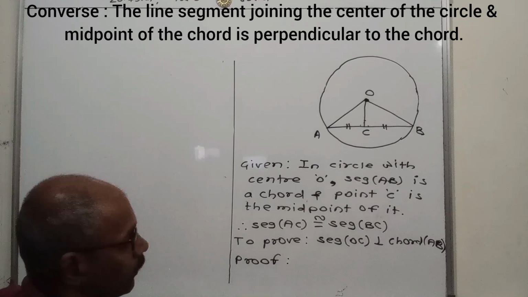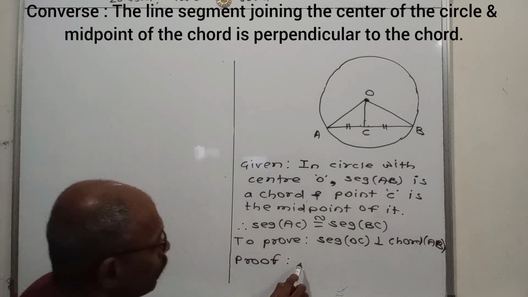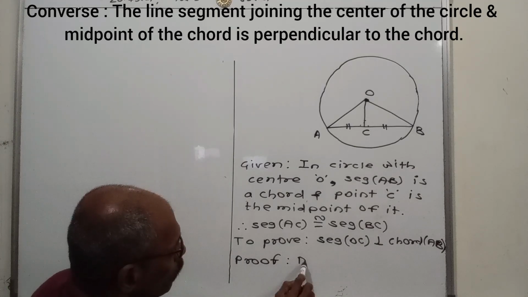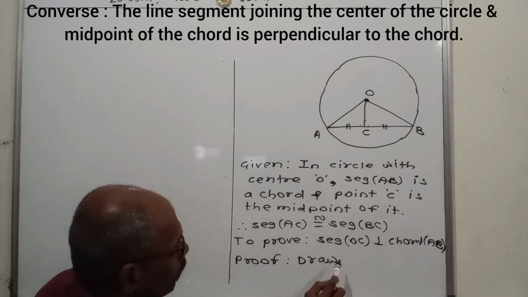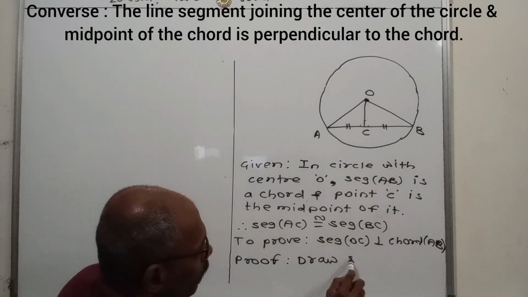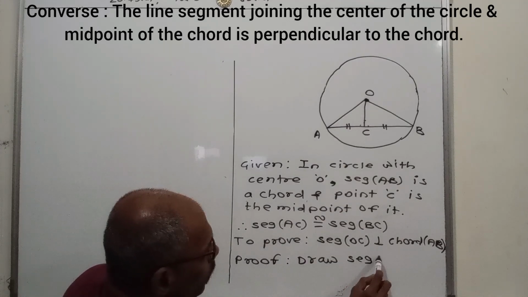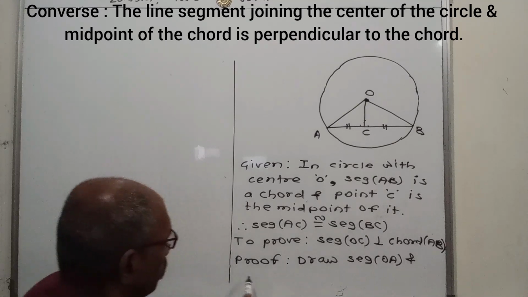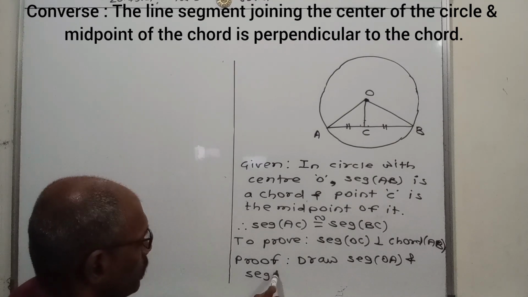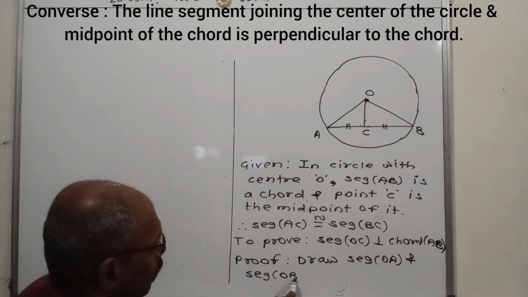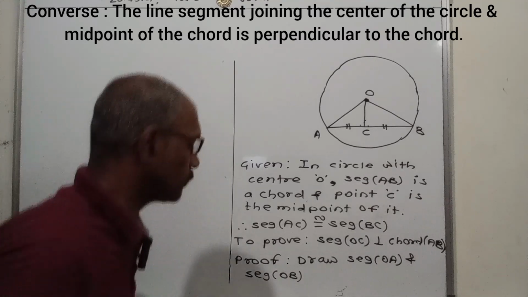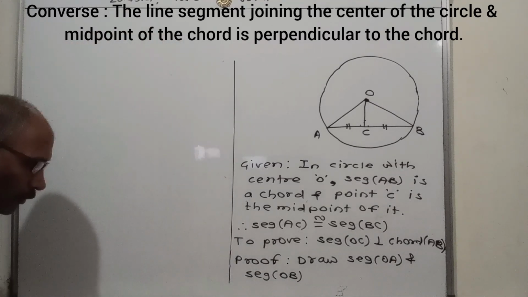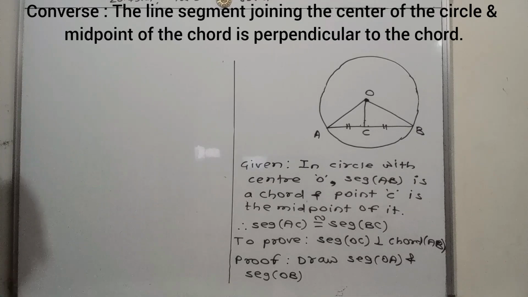Now, proof. See here, proof. Draw, or we write join, segment OA and segment OB. This is the beginning of our proof.